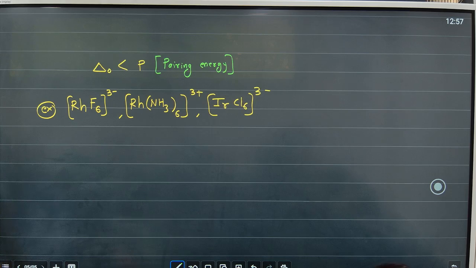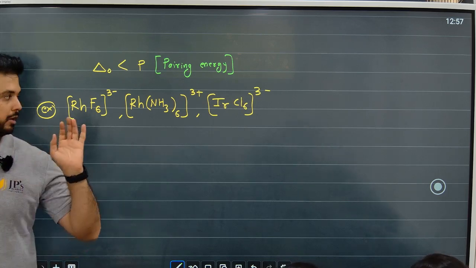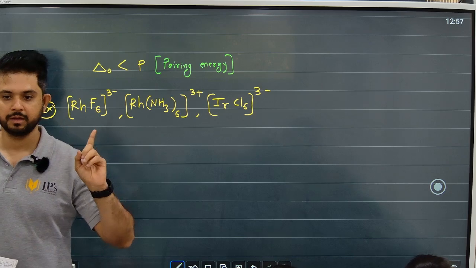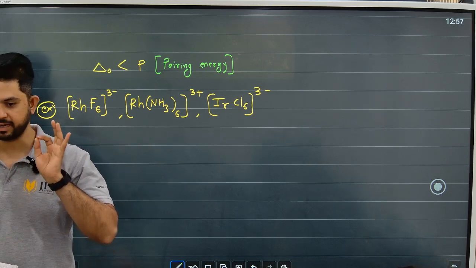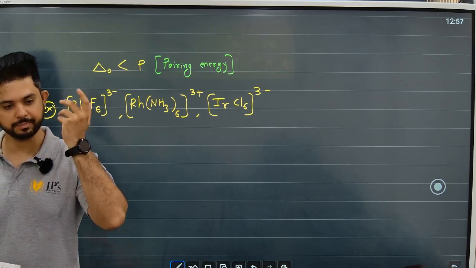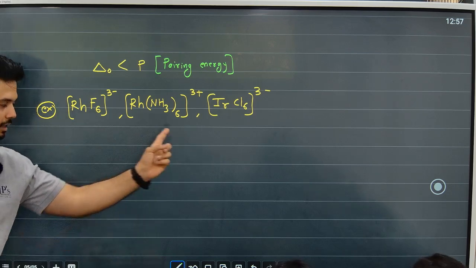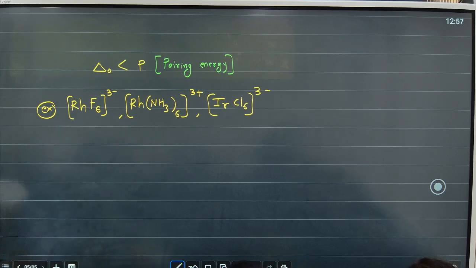Remember, rhodium, iridium, 4d and 5d series, irrespective of the ligand present, all ligands behave as strong field ligands. Do pairing in all three. Did you people get that?